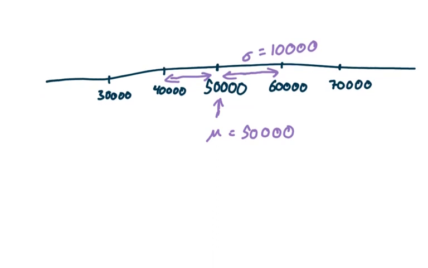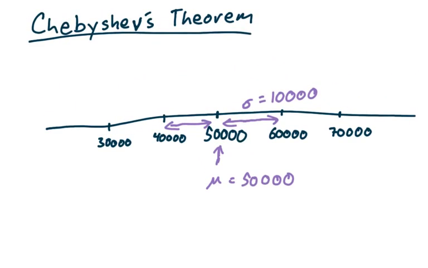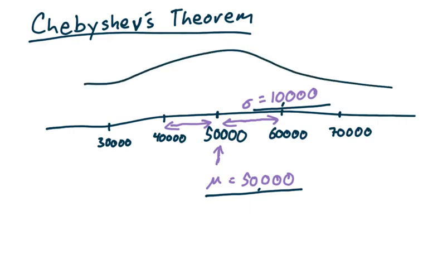So to get a grasp on what Chebyshev's theorem is talking about, let's suppose we have a data set where the average, the mean, is 50,000, and sigma, the standard deviation, is 10,000. Now, without knowing the shape of this distribution, in terms of the density at which the data is distributed, we're just going to talk about this as a concept.